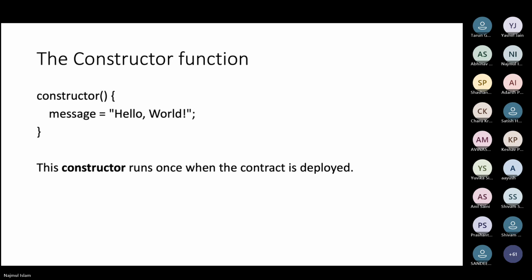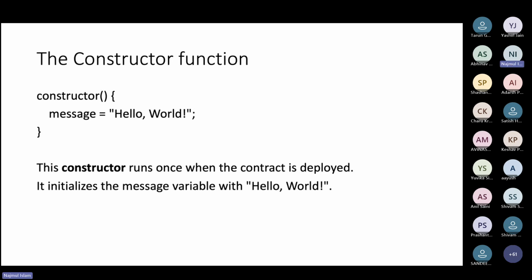Then the next function was the constructor function. The constructor function begins like this, and initially it has the words hello world. The constructor function runs only once when the contract is deployed.